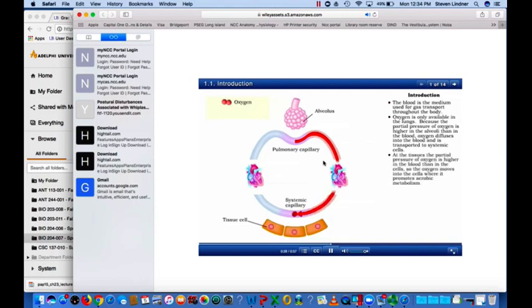At the tissues, the partial pressure of oxygen is higher in the blood than in the cells, so the oxygen moves into the cells where it promotes aerobic metabolism. Carbon dioxide is generated in cells as a metabolic waste product and accumulates in the tissues. It must be carried to the lungs where it can be removed from the body.